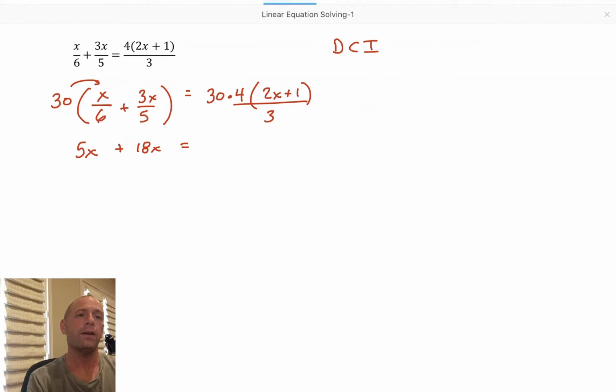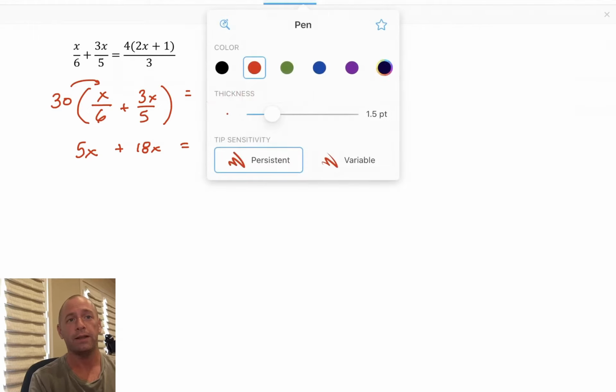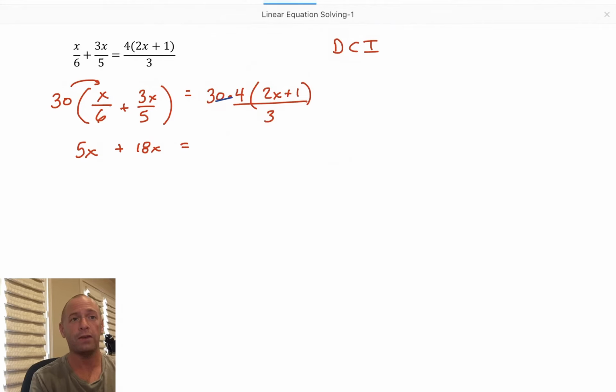And on the right, what I'm going to do is just clean up all of these coefficients. I've got a 30 times a 4 divided by 3. Mentally, the way I do this is 30 divided by 3. That gives me 10. 10 times 4 is 40. And what I'm going to do now is distribute the 40 into that 2x plus 1.